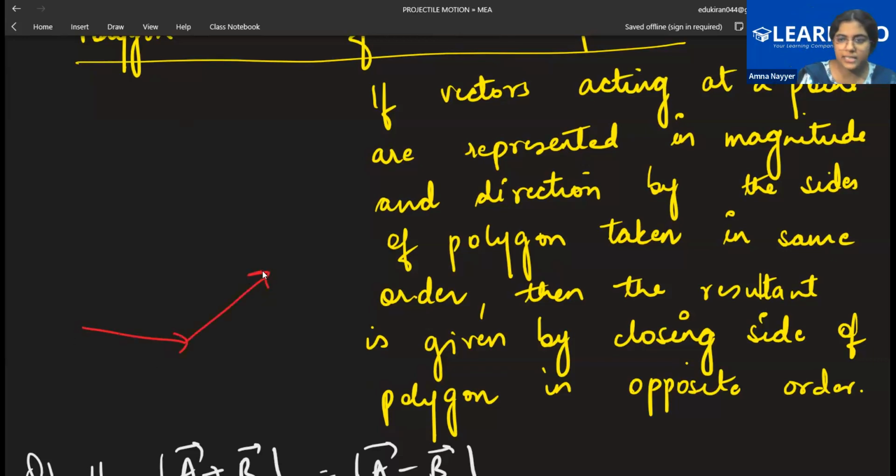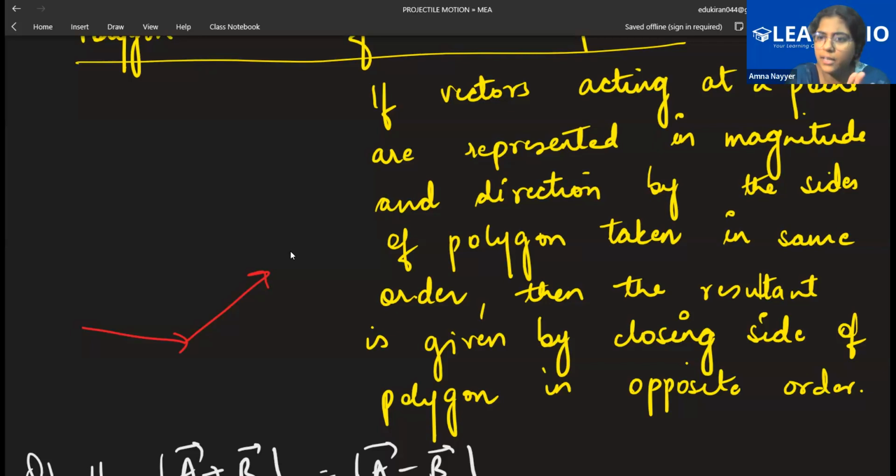If I join this, that gives me the triangle law, right? If I have this as the first side, this as the second side, if I join the opposite side, that becomes a triangle law, right? So we don't have to complete the triangle right now. Why? Because triangle law is already available. So why use any other law, parallelogram law, polygon law, right now?